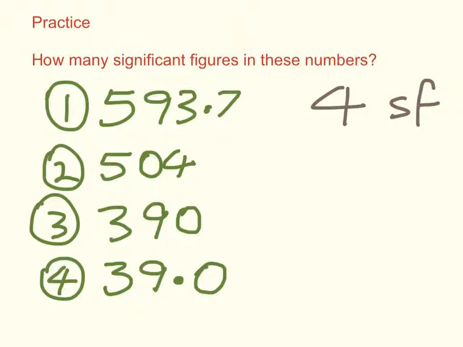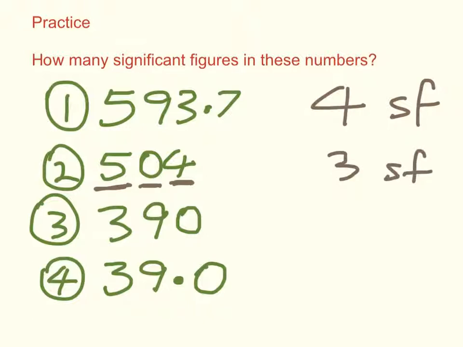In the next one, we have 504. So each of those numbers is conveying a value. There are no tens. So this one has 3 significant figures.